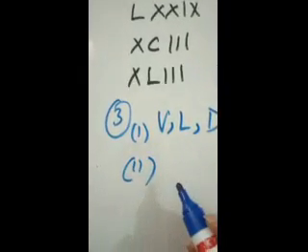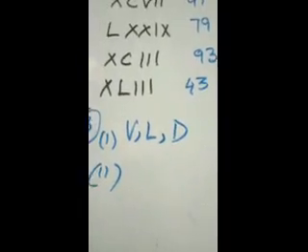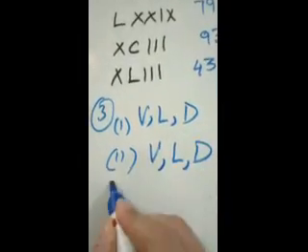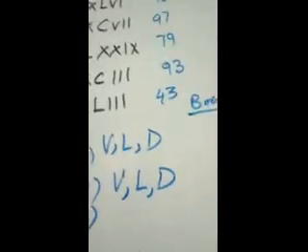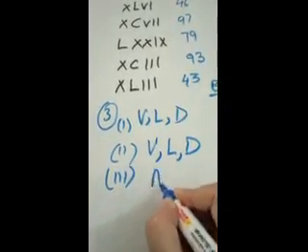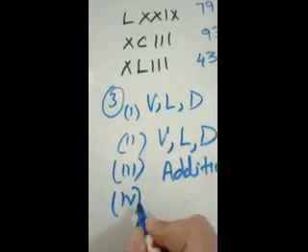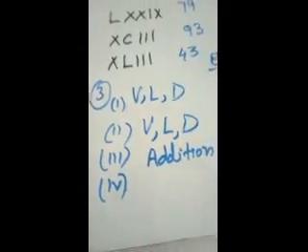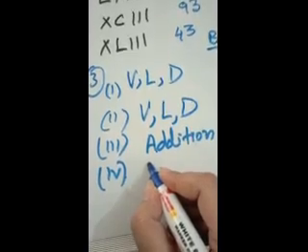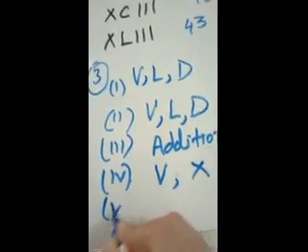Second, the symbols dash and dash can never be subtracted. The same rule was there. V, L and D, they can't be subtracted. Repetition of Roman numbers is addition. Fourth part, I can be subtracted from V as well as from X. We use its combination in 4 and in 9.